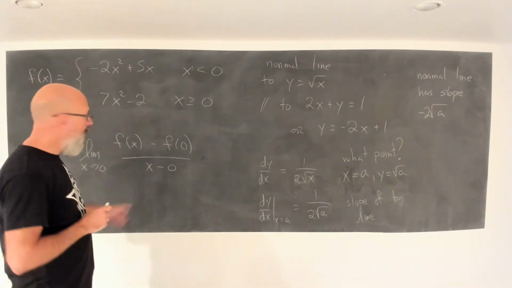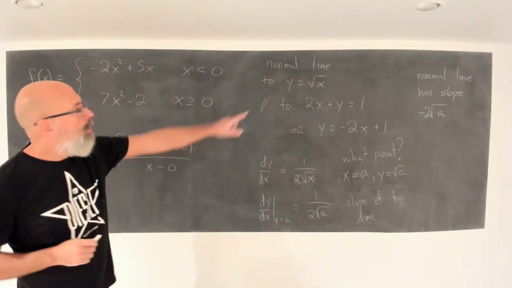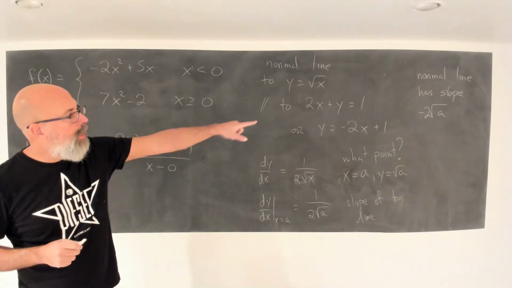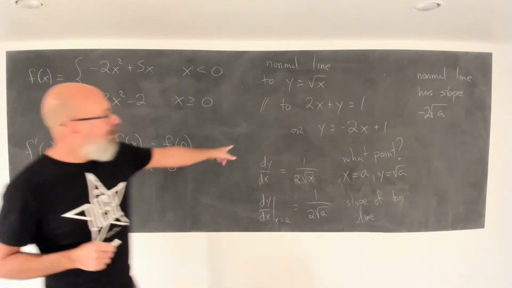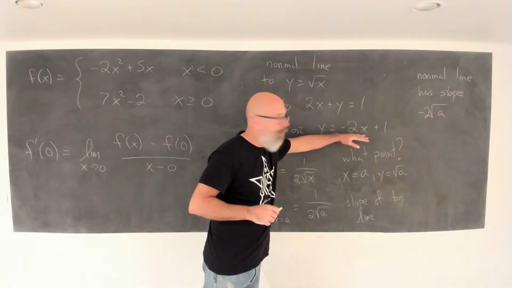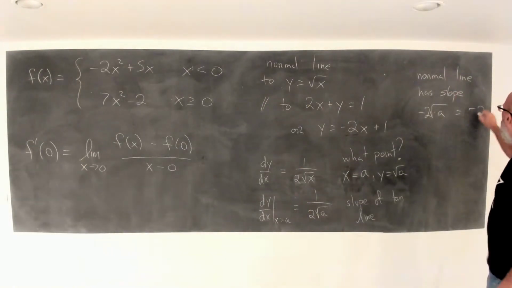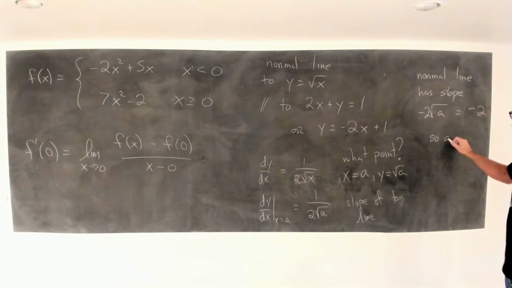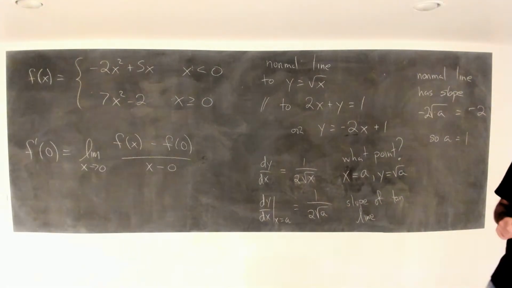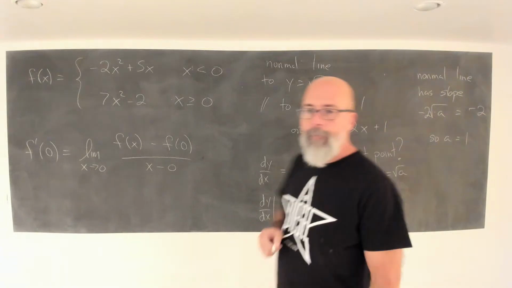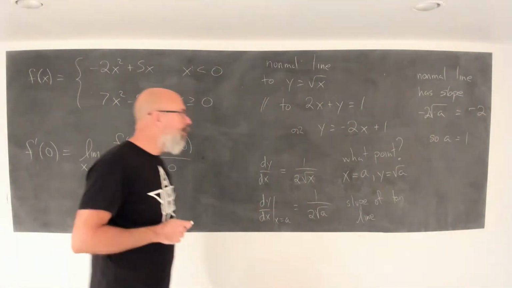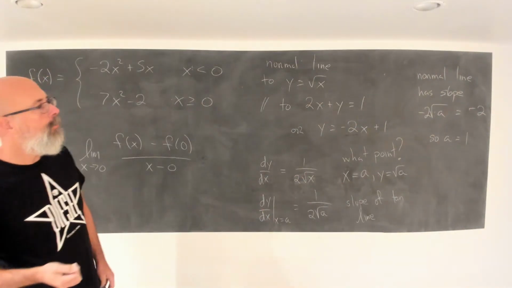Hannah, the left-handed limit, well, let's finish this. We'll come back to that. So the slope of the normal line is negative 2 root a, and you know that it's negative 2. So a has to be 1, and then you can finish it up. This would make a good midterm type of question.